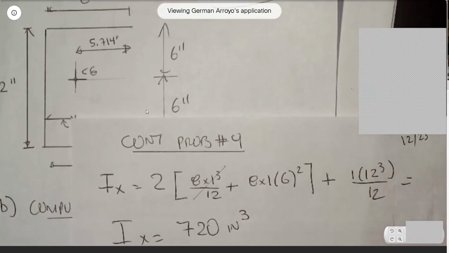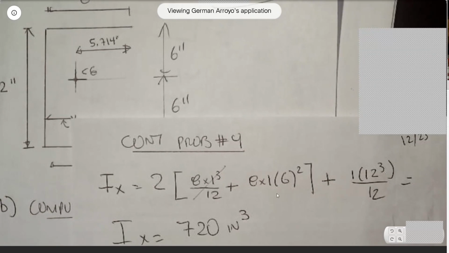On the next page, you can see Ix. I had two of them. This is one, and this is the other one. The base is 8. To use the formula, put in l cubed over 12. And this is small, so I throw this away. What is large is the base, the area, 8 times 1, times the distance from this line to the centroid, that is 6.